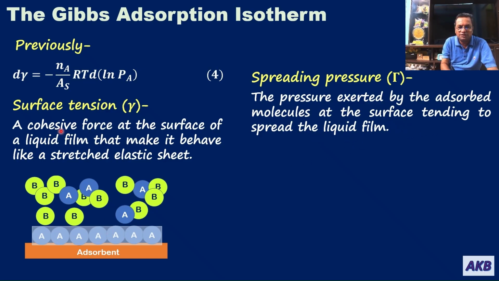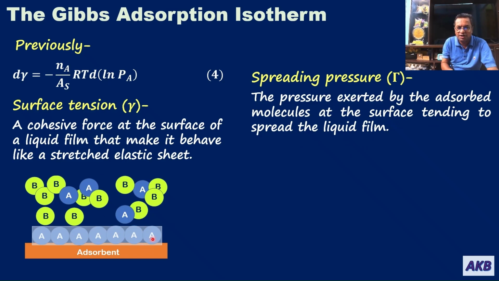So surface tension tends to keep the liquid film intact, but it is cohesive in nature, whereas the spreading pressure tends to spread the liquid film.